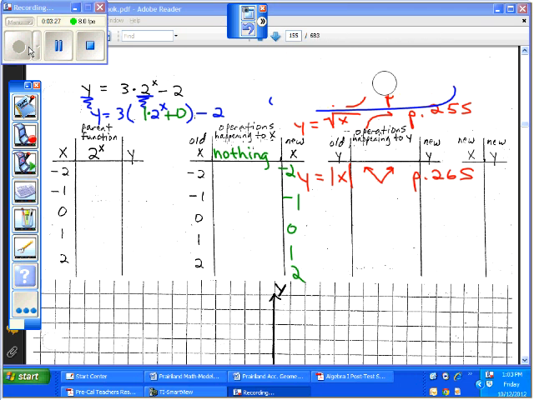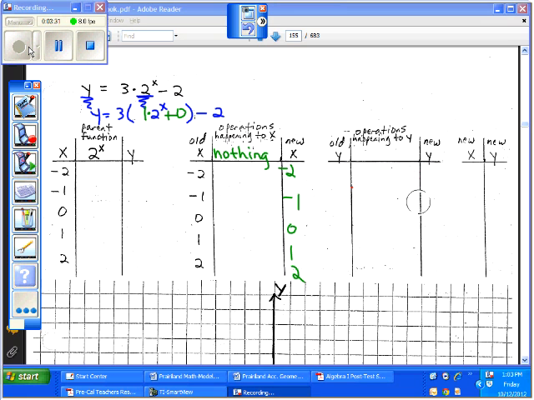And so my new x's are the same as my old x's because there was no transformation that was happening to x because there was no parentheses with anything inside of it besides subtracting 0 and dividing by 1. So my new x's are negative 2, negative 1, 0, 1, and 2.